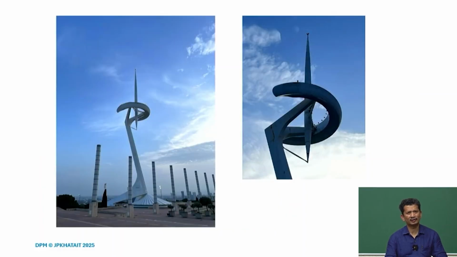For instance, this is the Barcelona Olympic Stadium tower, and as you can see, it's a very unique design. Suppose we have to design this kind of structure and the support should be minimal, then what is the approach?